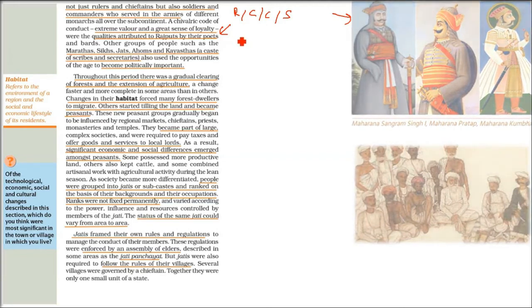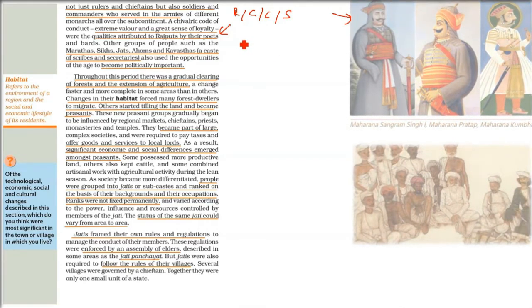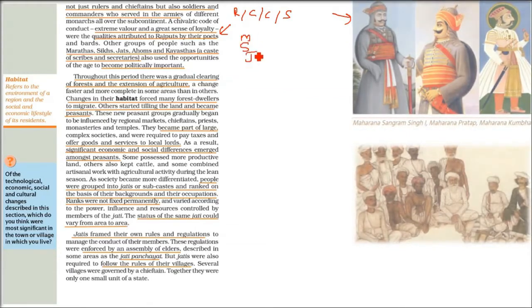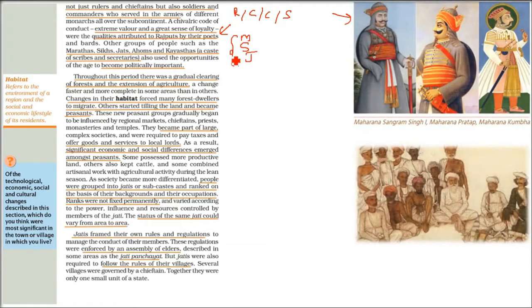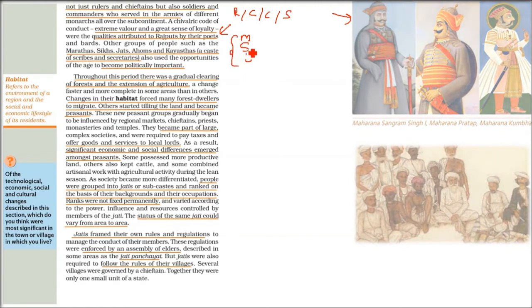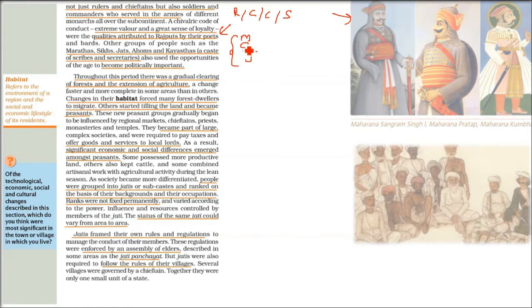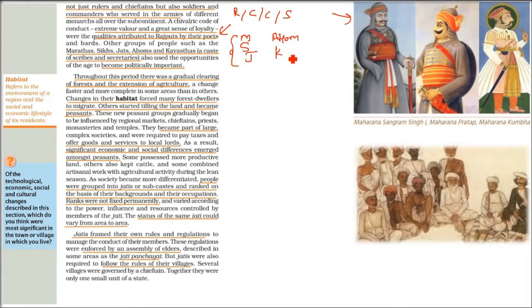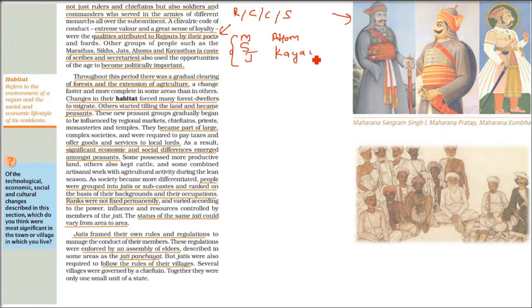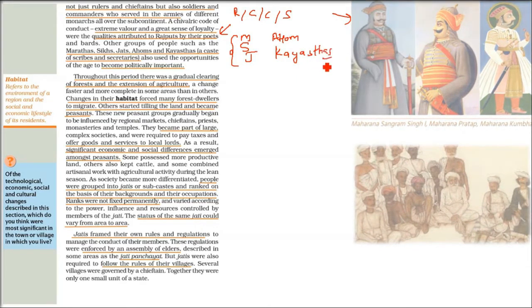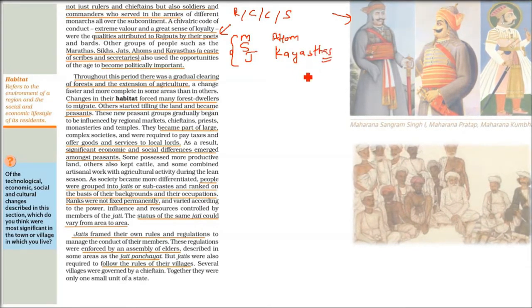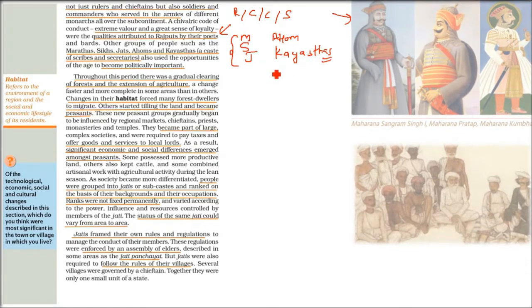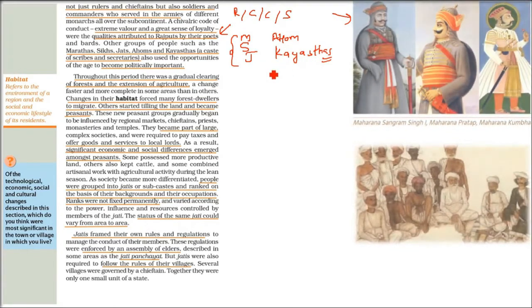At this time, we have Marathas, Sikhs, Jats. In our Indian army, we have the Maratha regiment, Sikh regiment, Jat regiment, because they were so powerful, they were fighters. Along with this, Ahoms and Kayasthas. These Kayasthas were basically scribes, who do the writing work, and also the Munshis, secretaries.